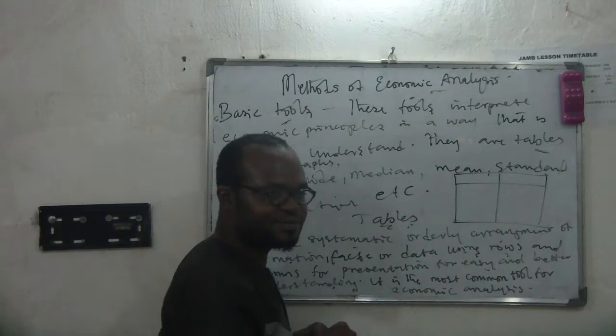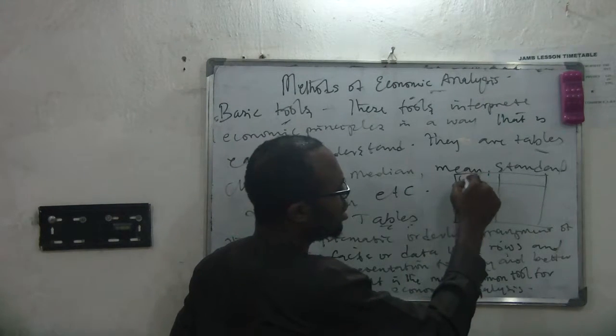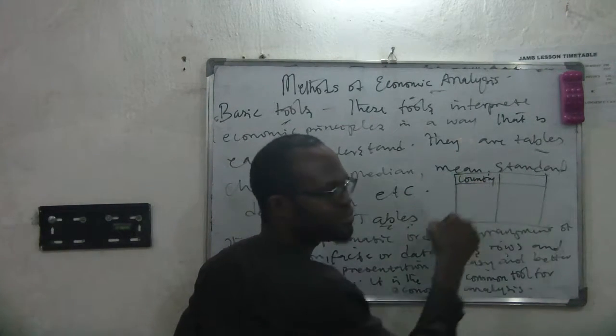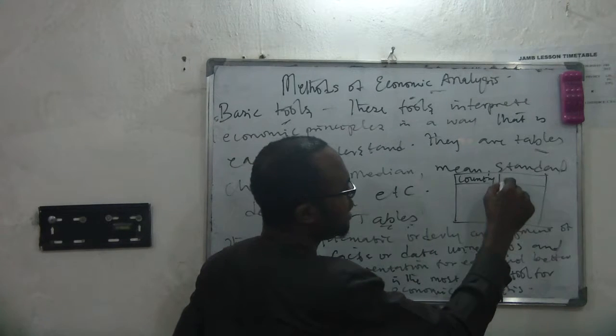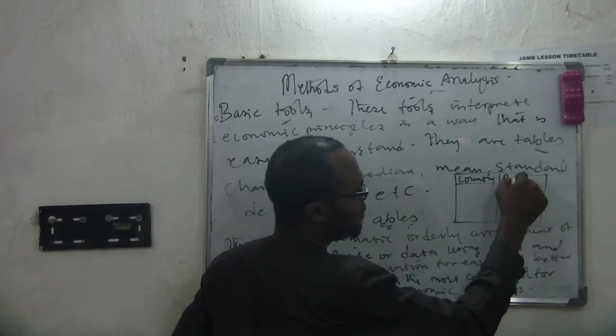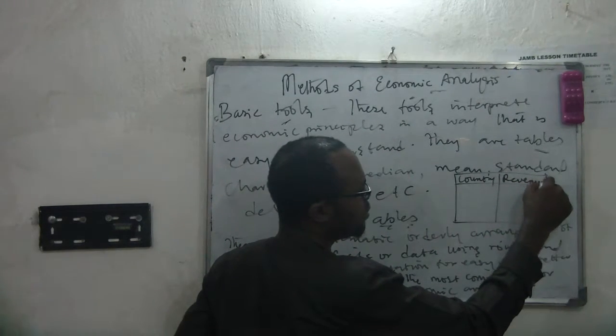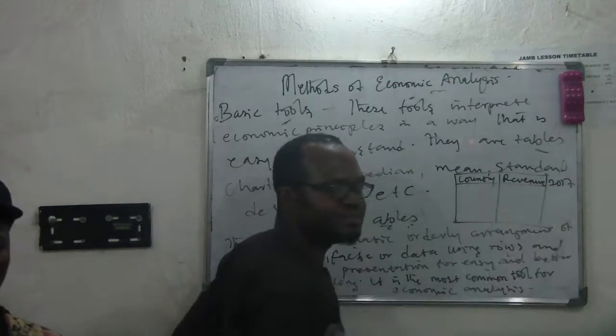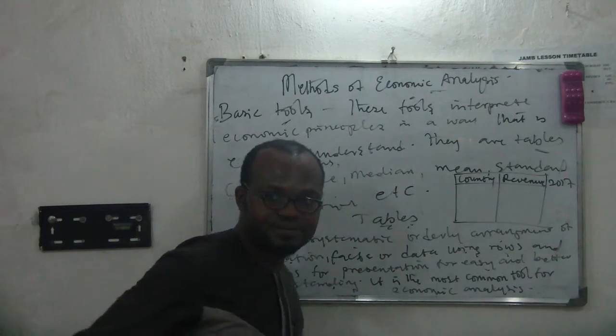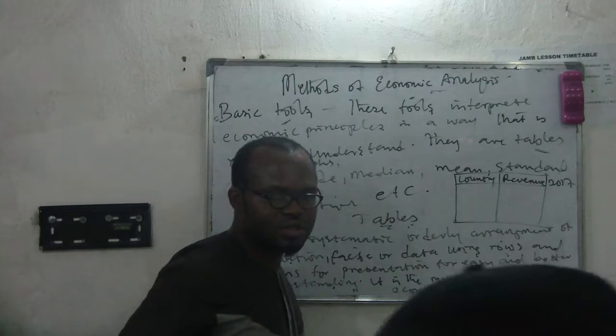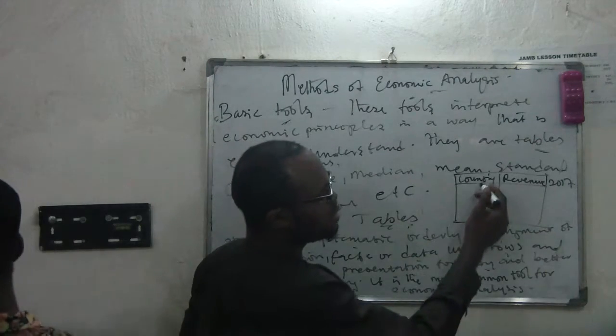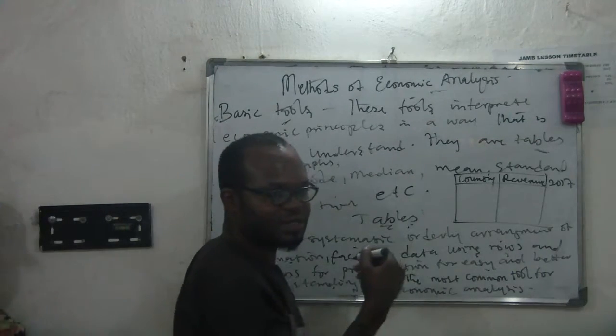Is that not clear? We can say country. You can say revenue for 2017. Is that clear? You say country, then you say revenue for 2017.